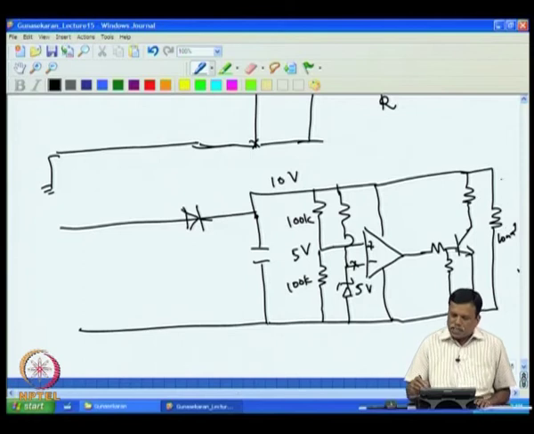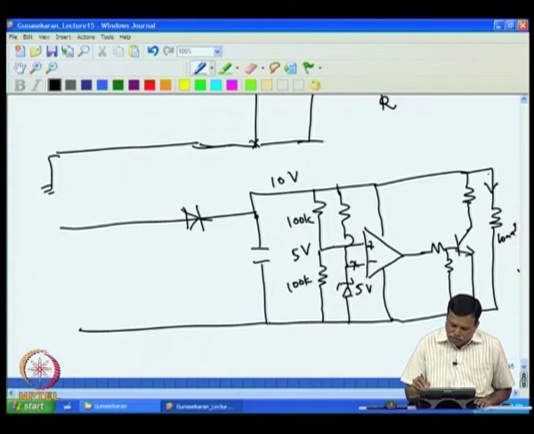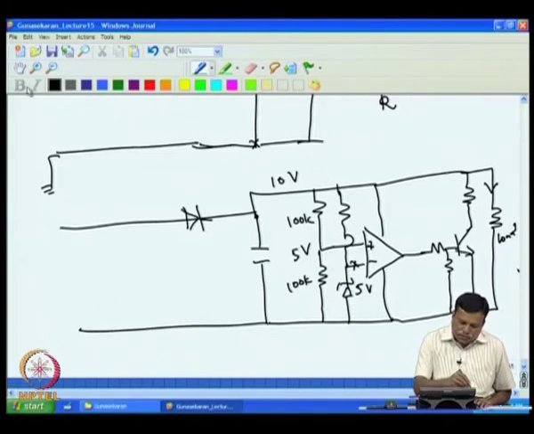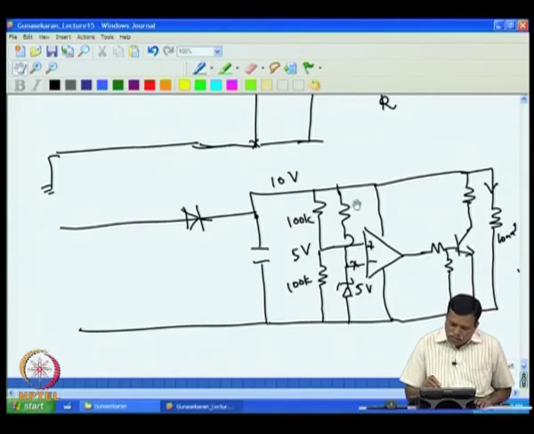If the load is taking more current through this, then what really happens is the regulator reduces the current that is flowing through this, because if the voltage decreases because of more current, then automatically this voltage will decrease and the current flowing through this will decrease.